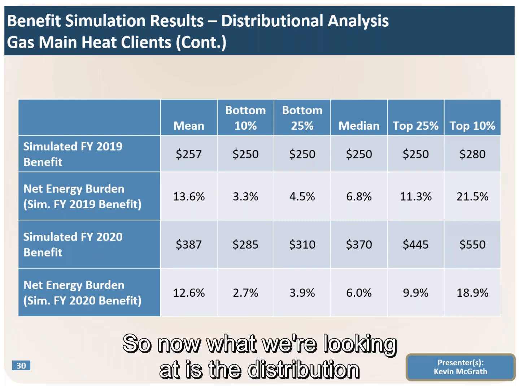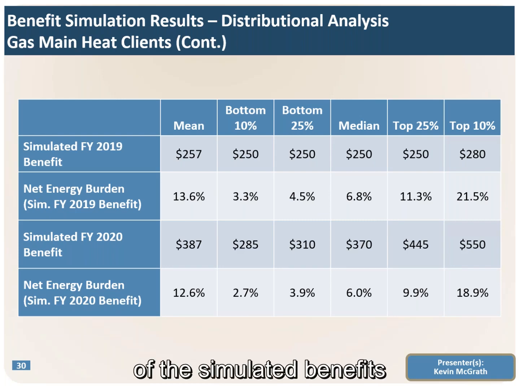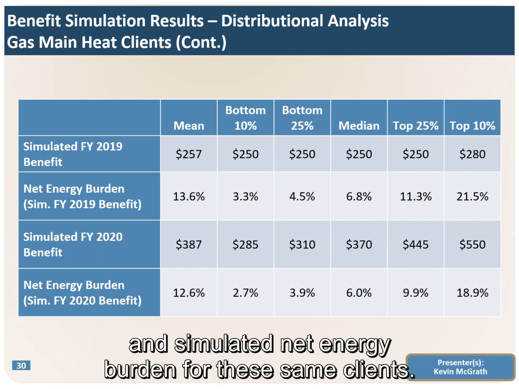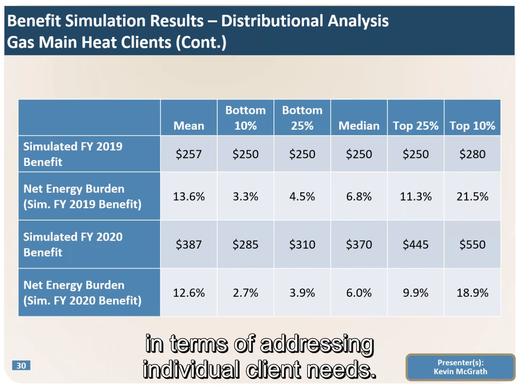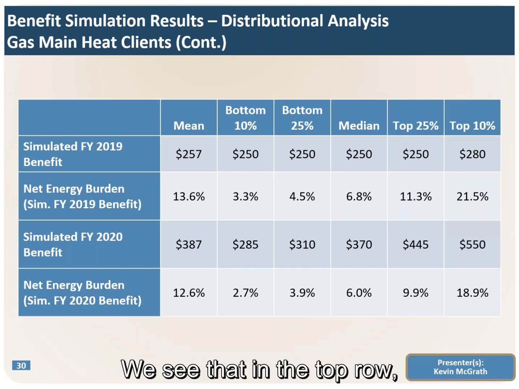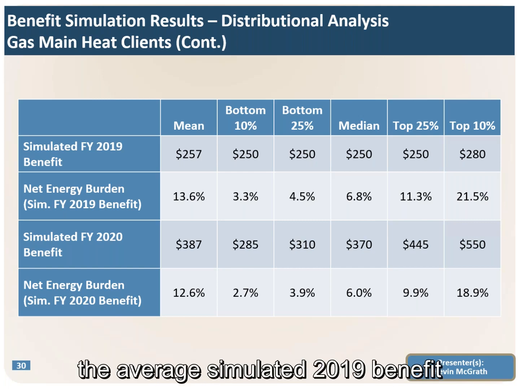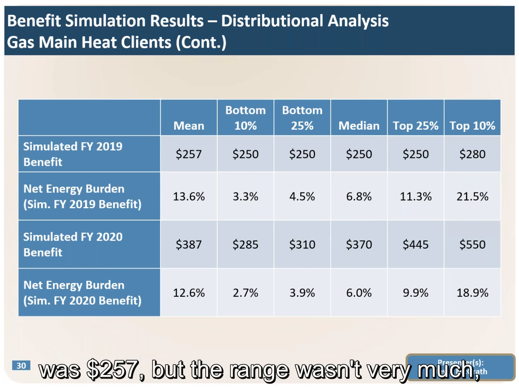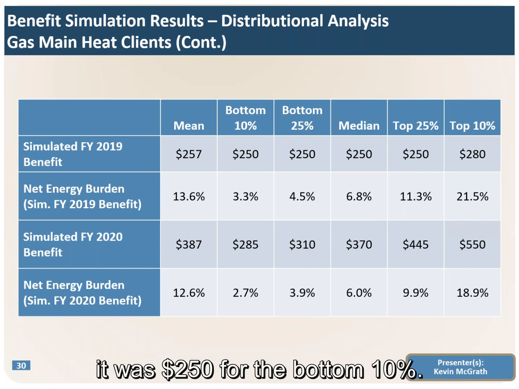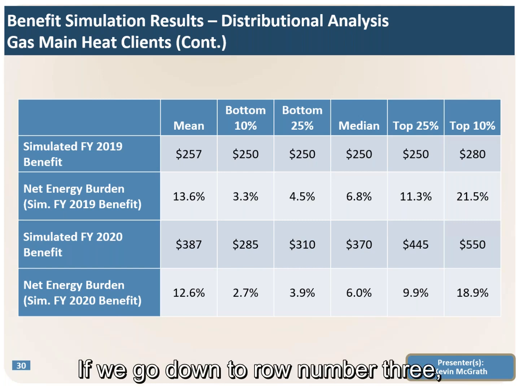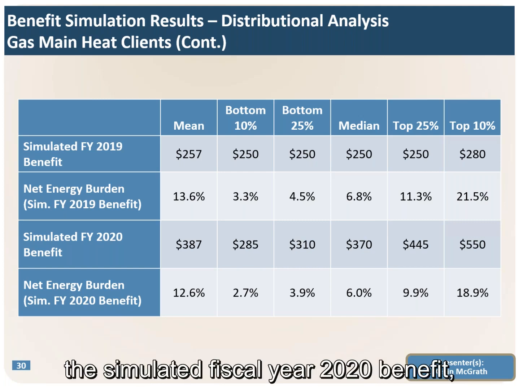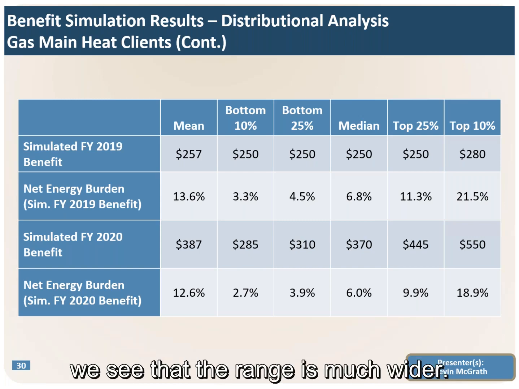So now what we're looking at is the distribution of the simulated benefits and simulated net energy burden for these same clients. So we can get a better understanding of how each of the matrices does in terms of addressing individual client needs. We see that in the top row, the average simulated 2019 benefit was $257, but the range wasn't very much. It was $250 for the bottom 10%. It was $280 for the top 10%. If we go down to row number 3, the simulated fiscal year 2020 benefit, we see that the range is much wider.